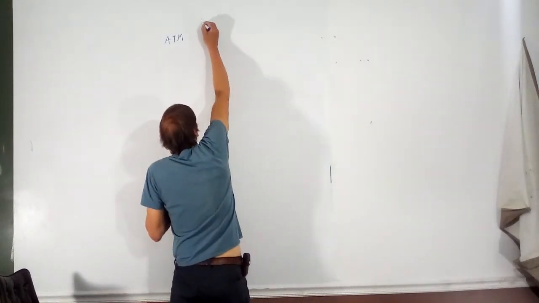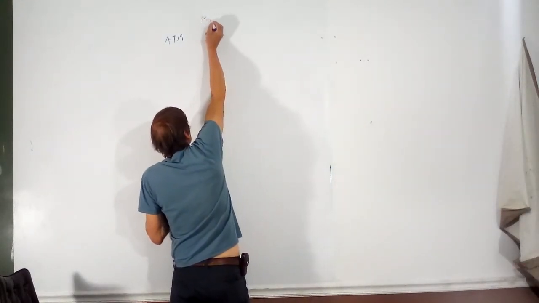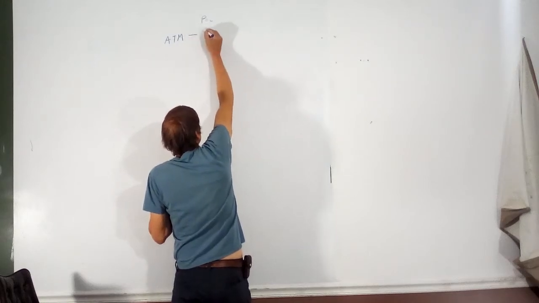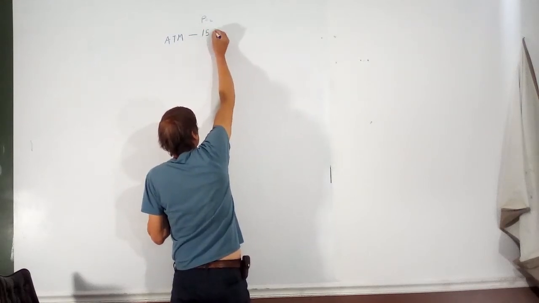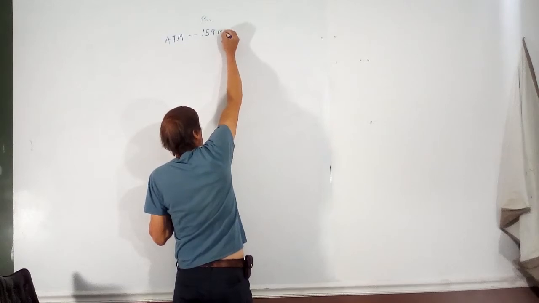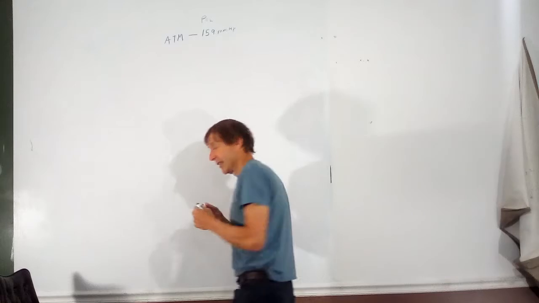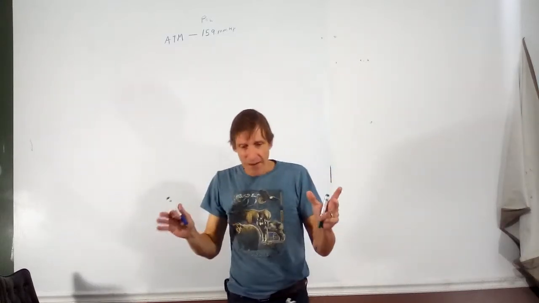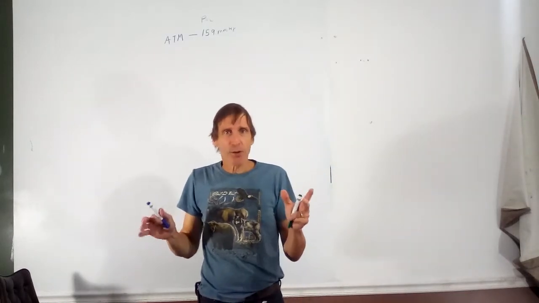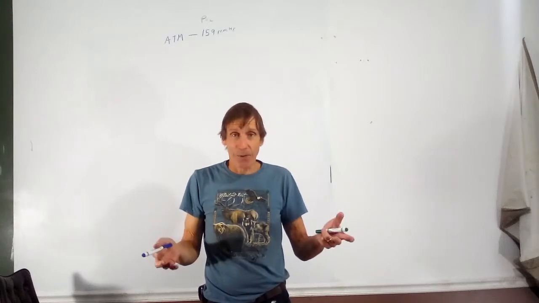So PO2 is 159, all the units will be millimeters of mercury. So atmospheric air has a partial pressure of oxygen, at sea level, of about 159.